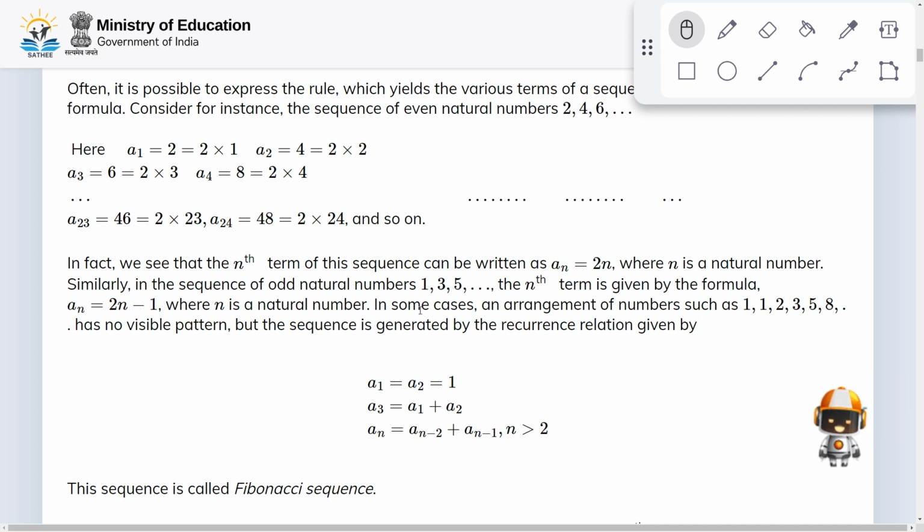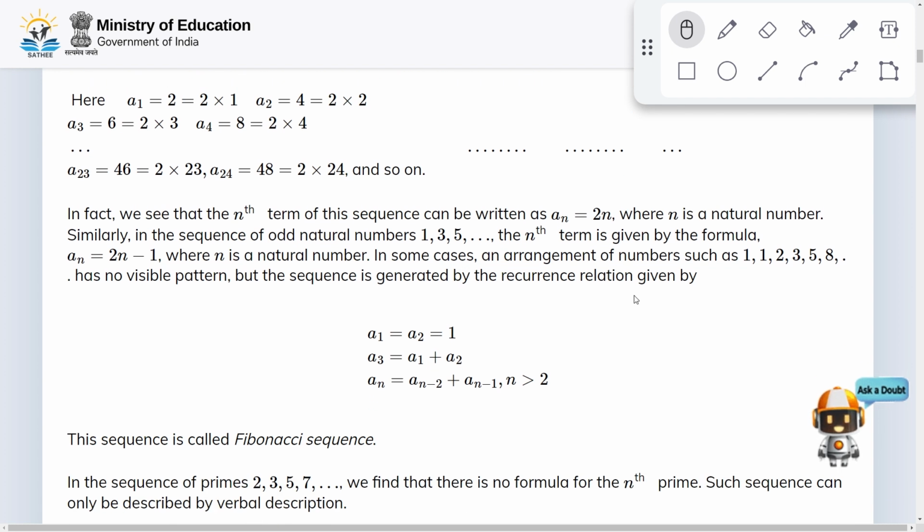In some cases, an arrangement of numbers such as 1, 1, 2, 3, 5, 8 has no visible pattern, but the sequence is generated by a recurrence relation.